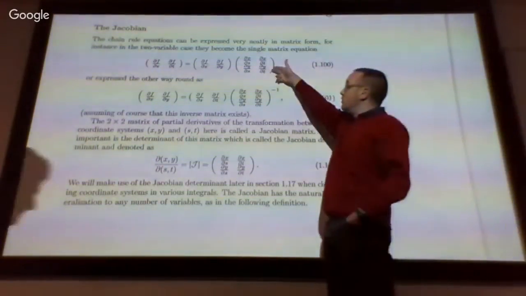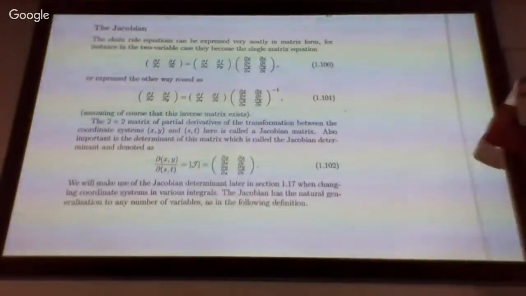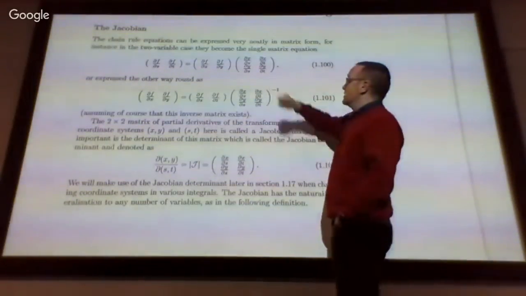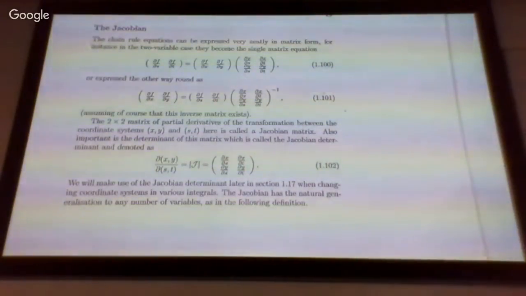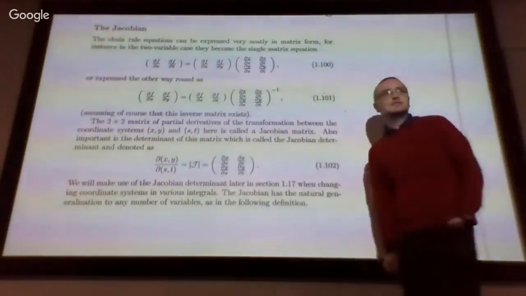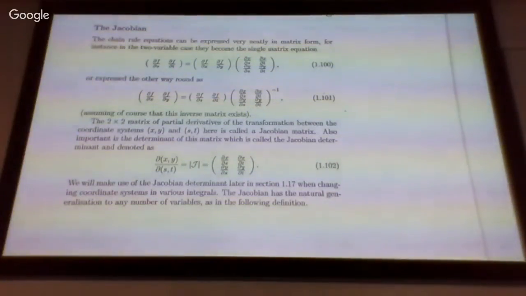This is an important, significant matrix for us. We'll be using it later on when we're doing integration. It's called the Jacobian matrix, and the Jacobian determinant is its determinant. That'll be quite significant for us later on.